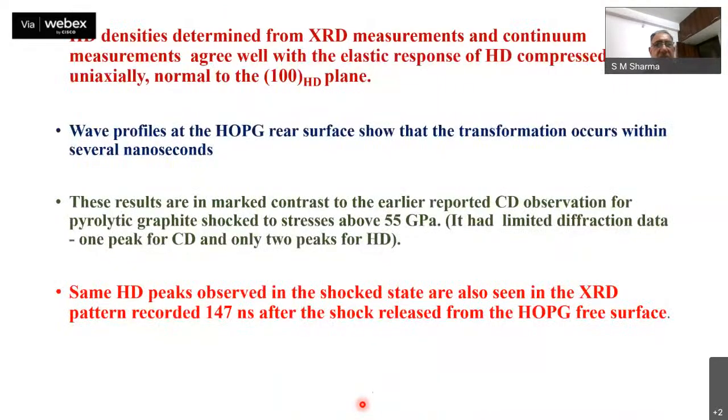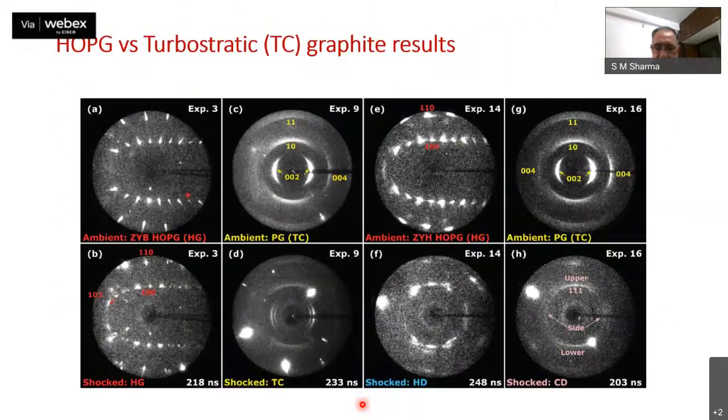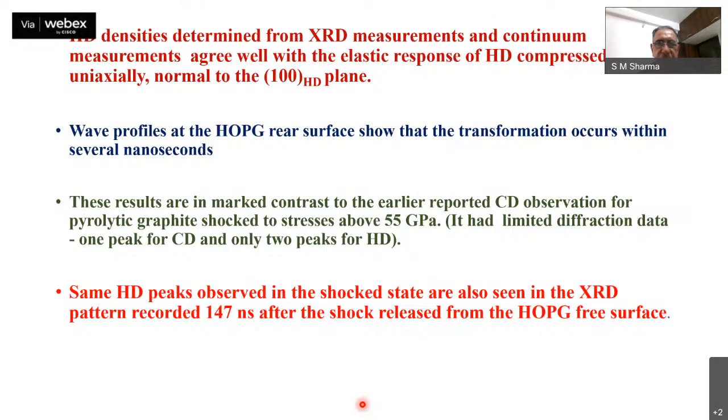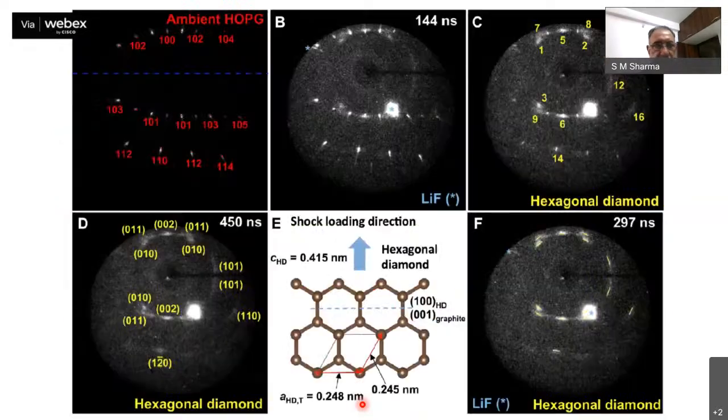So the high density determined from XRD measurements and continuum measurements agree very well. I'll show briefly the PV curve which results out of it. I already mentioned the wave profiles. Actually, it is not shown here.